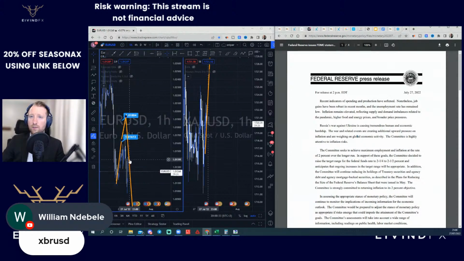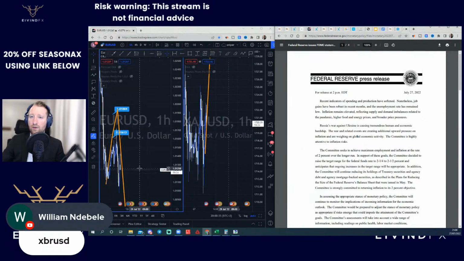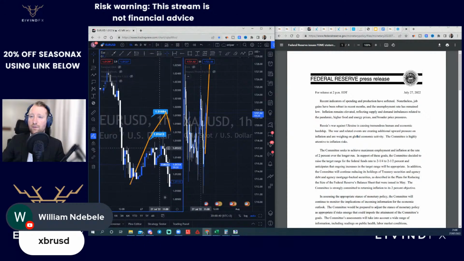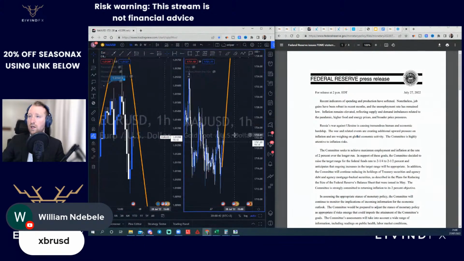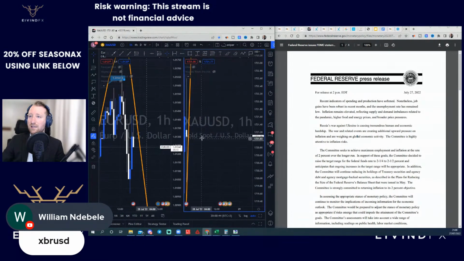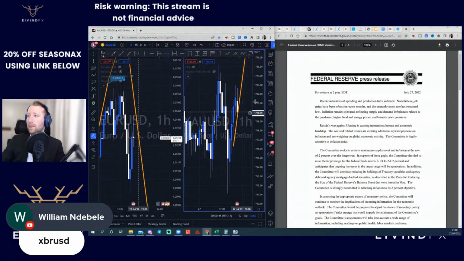Looking at euro at the moment, it is currently making a bit of a fuss to the upside, but still very much bearish. There's nothing to buy at this point. Gold, as you can see, is currently not doing much. Recent indicators of spending and production have softened. Nonetheless, job gains have been robust in recent months, and the unemployment rate has remained low.